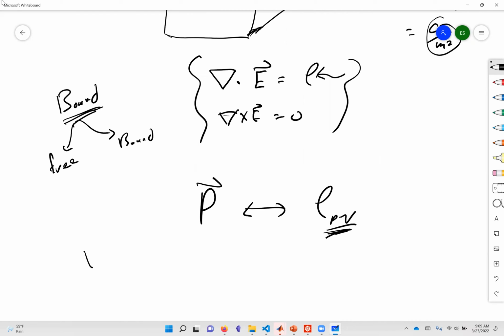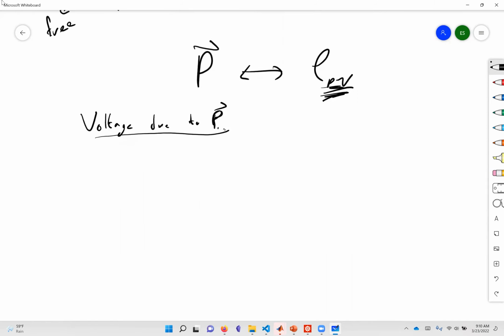is through deriving the voltage due to P, right? So we derived the voltage due to P at every point in space, and then we compared that equation with the equation of the voltage due to a charge density, and then we arrived at this result.